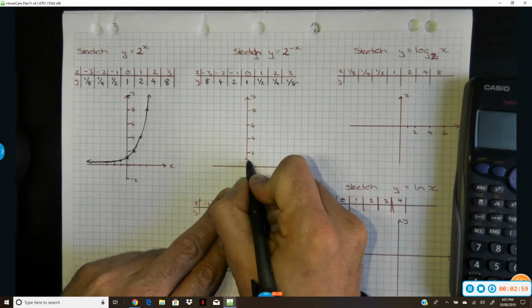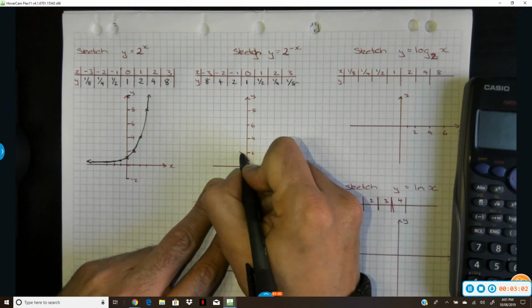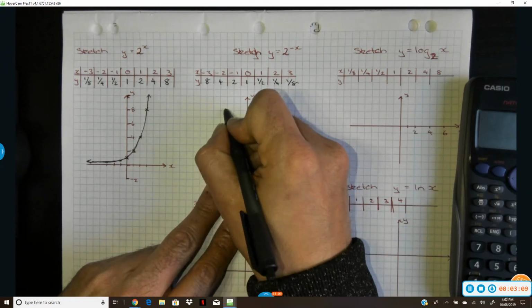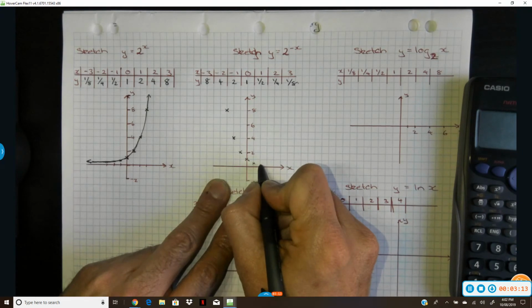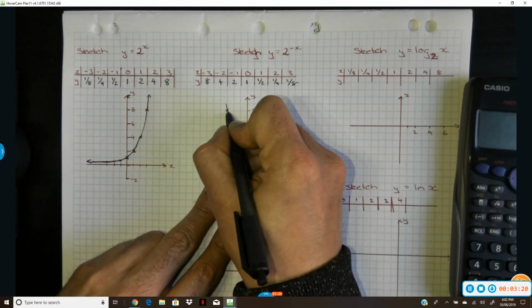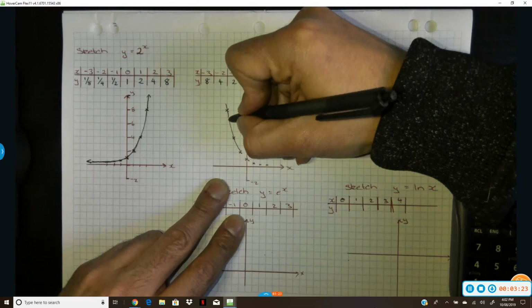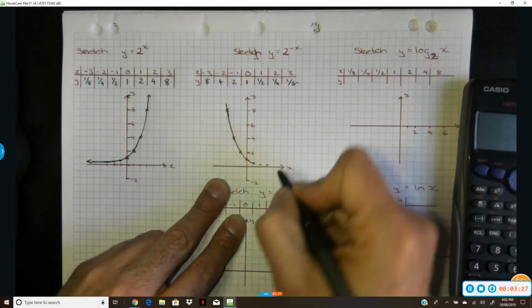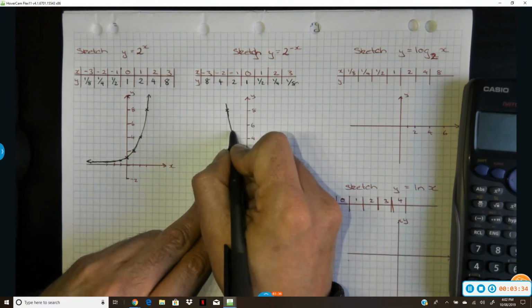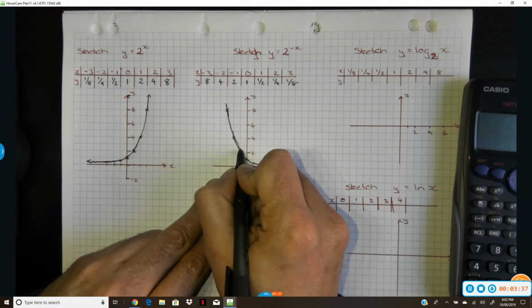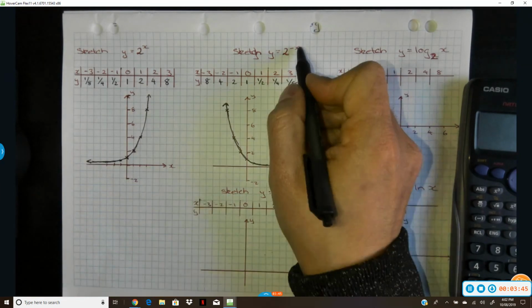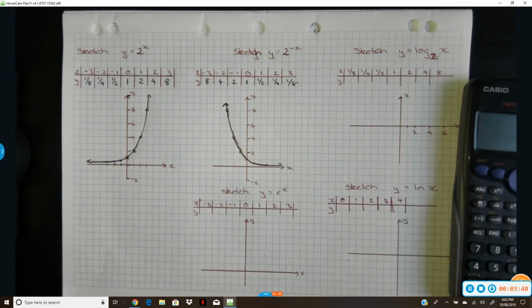So 0 is 1, negative 1 is 2, negative 2 is 4, negative 3 is 8. And what we have looks like exponential decay. As x increases, it's getting smaller and smaller and smaller. So when you have a negative, it reverses, it flips around the y-axis.